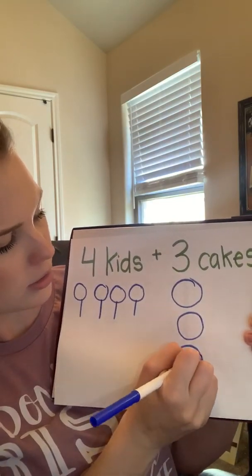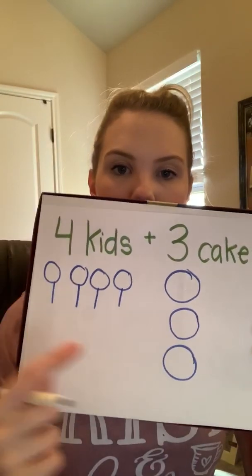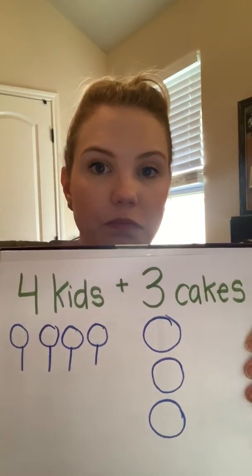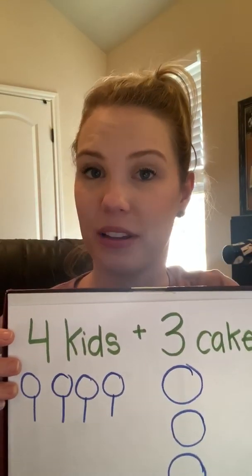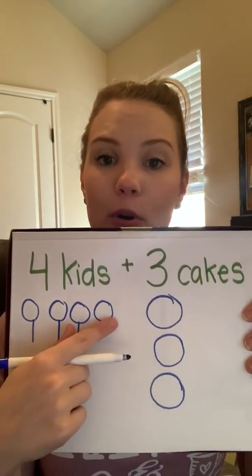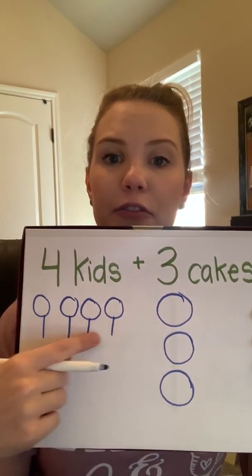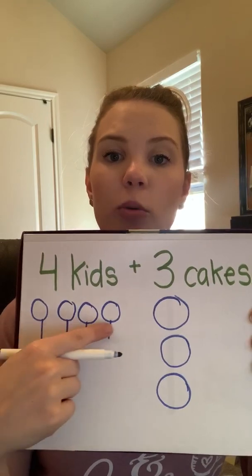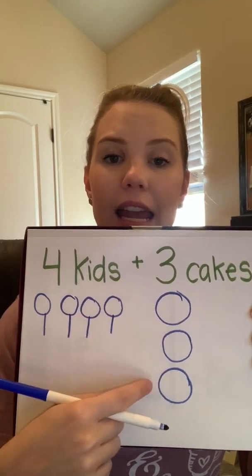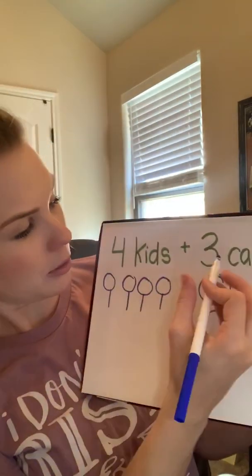Draw your objects. All right. Now, the secret step is number of people equals number of pieces. So here I have 4 people, so I'm going to split each cake into 4 pieces.